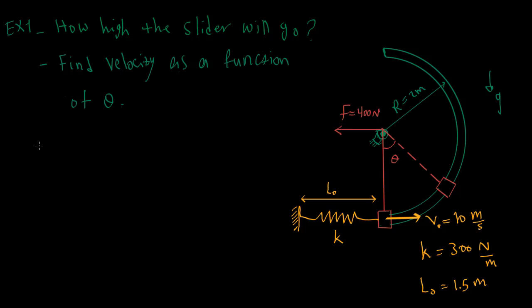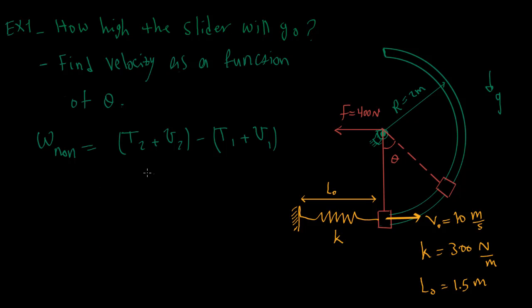So I would say that the W of non-conservative forces here is equal to, as we just derived, T2 plus U2 minus T1 plus U1, where T is kinetic energy and U is the potential energy.